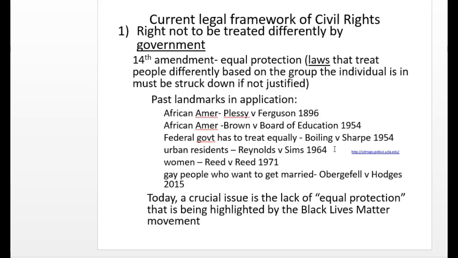And so, to a certain extent, the Black Lives Matter movement kind of highlighting the unequal treatment of people at the hands of police officers is hearkening back to that very early understanding of equal protection, right?